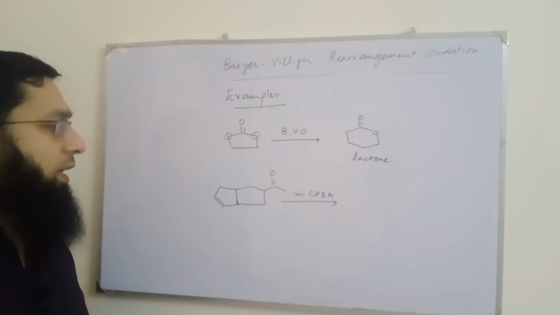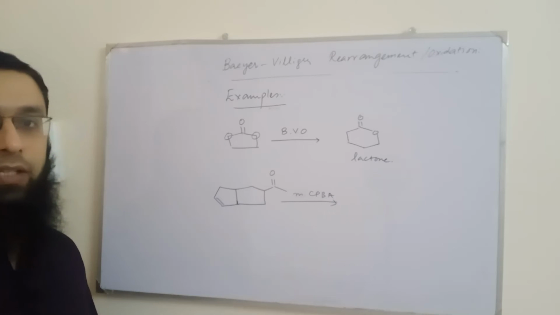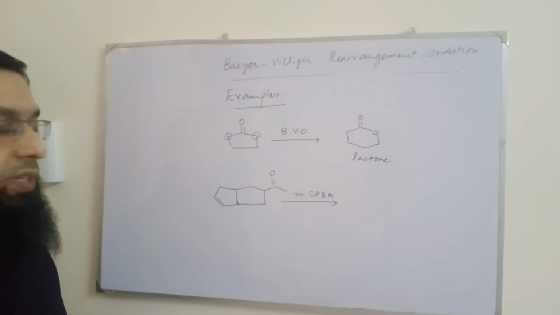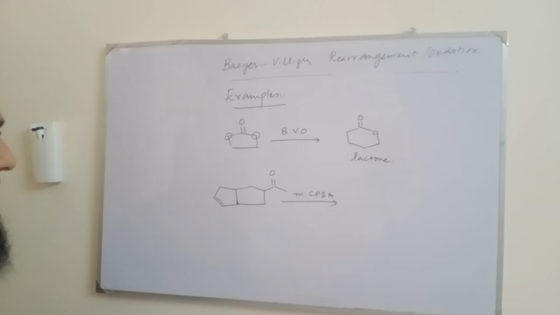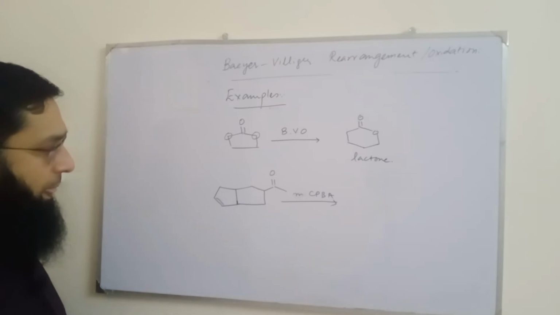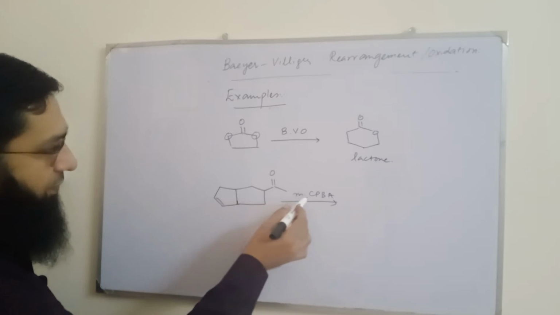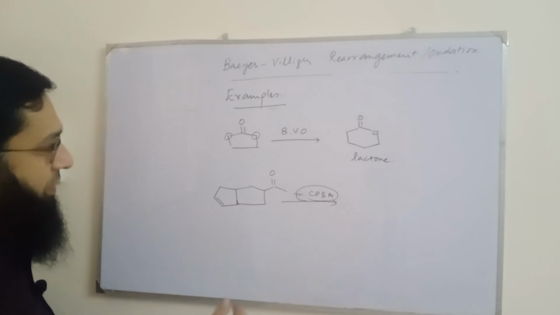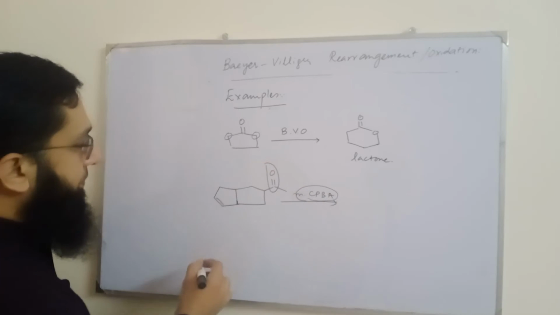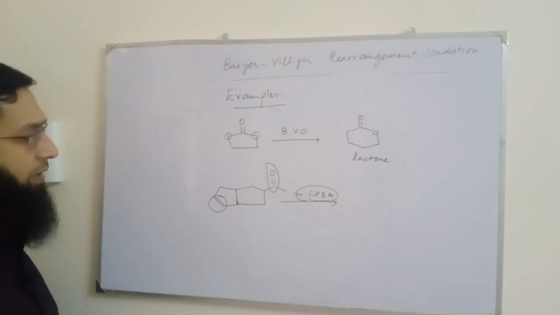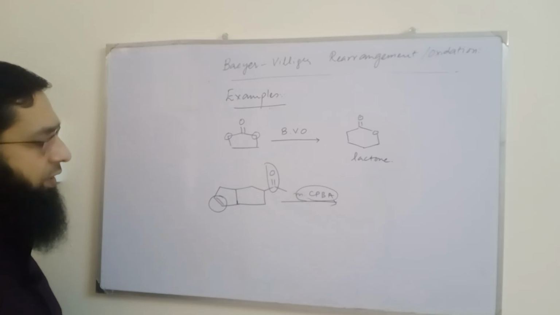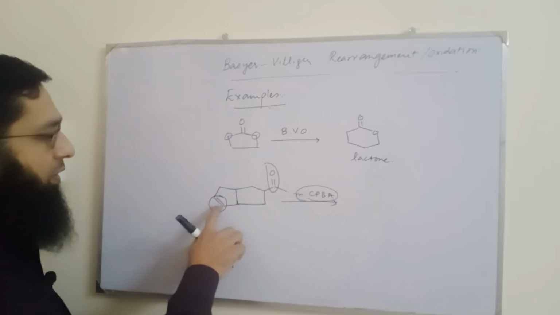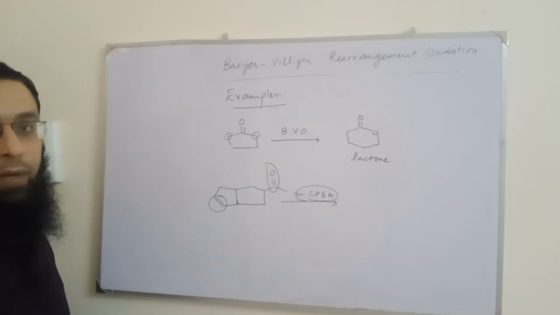So I would like to ask you to complete it and try it by yourself, and we also solve it. Here we can see we have a peroxy acid, and here we have a ketone, here we have a double bond. So it means double bonds also react with peroxy acids.